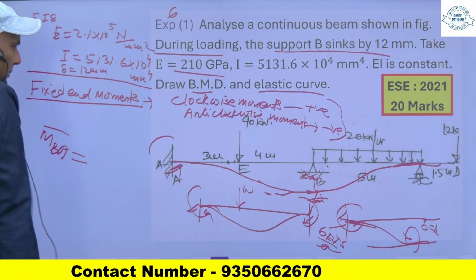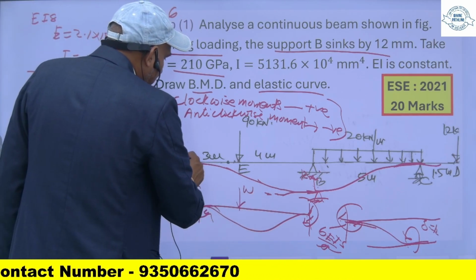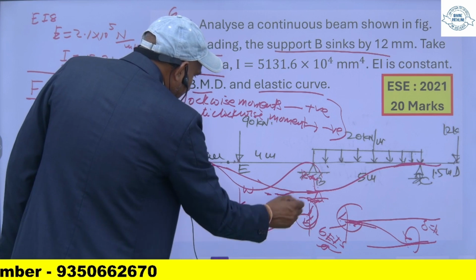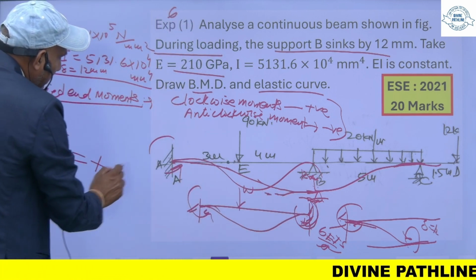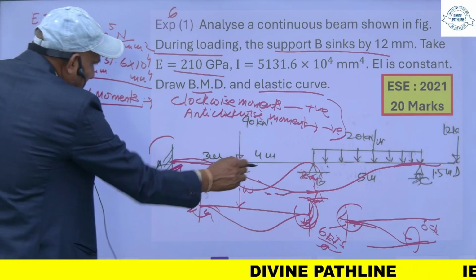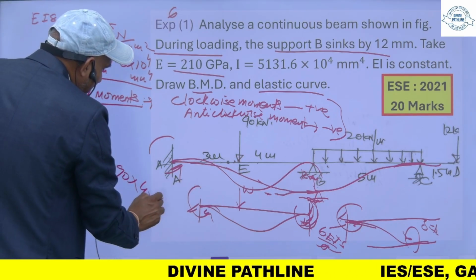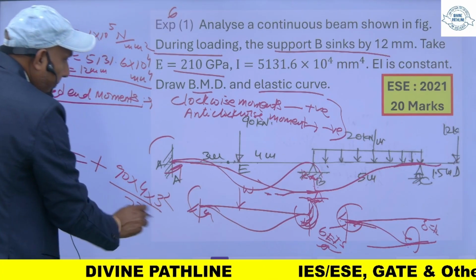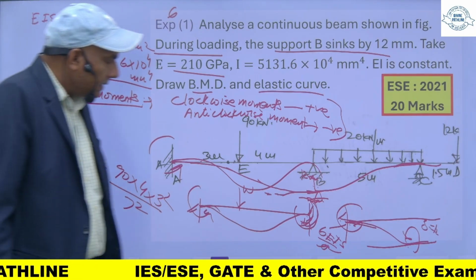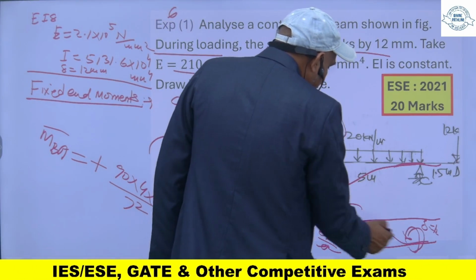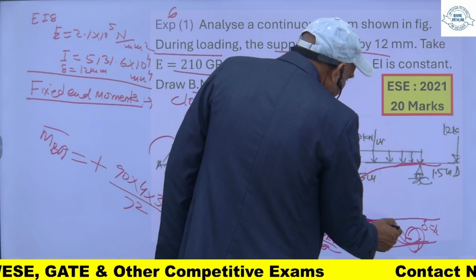because of this load, it will deflect like this. So this moment is clockwise, so it will be positive, and value 90 into 4 into 3 square upon 7 square. This is due to this load, and because of this sinking, it will deflect like this.